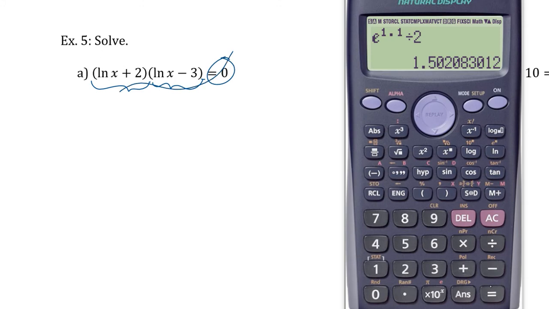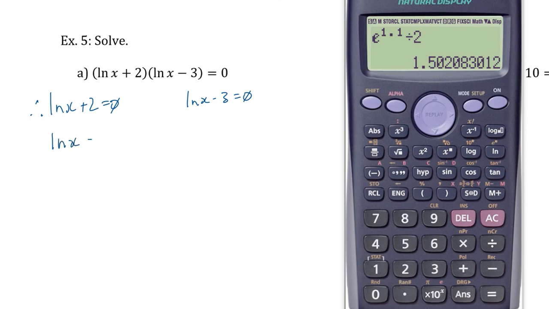So I can use the zero product property, and I can say, therefore, ln of x plus 2 is 0, or ln of x minus 3 is 0. Okay. And that means ln of x equals -2, or ln of x equals +3.